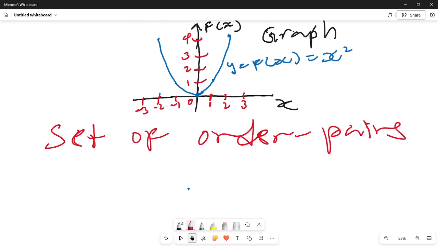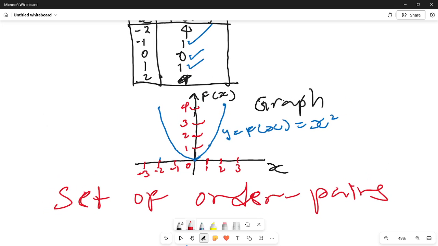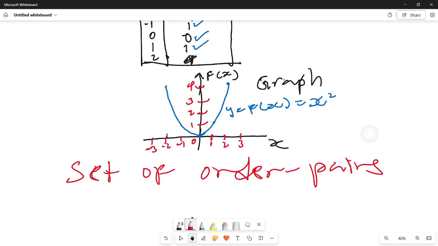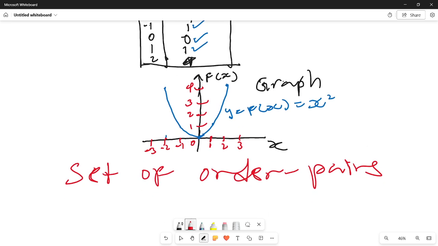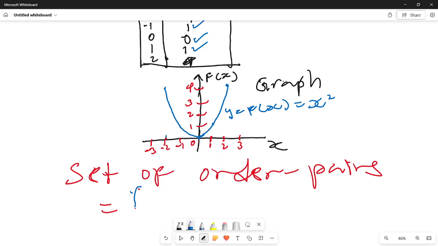I'll still use the same values for simplicity. In this case, we can represent a function as a set. You know what a set is. Let's use our blue. Okay, so we have a set.